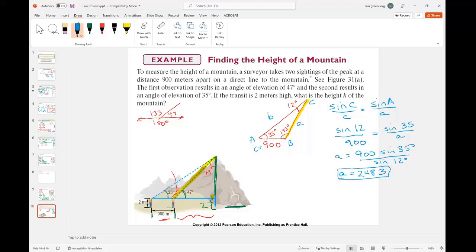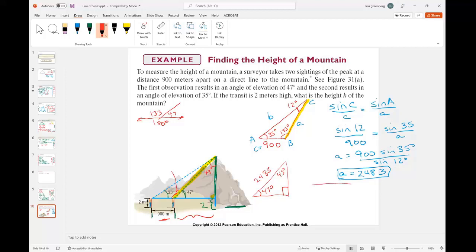Okay, so now I know A is equal to 2483. And if I just pull that triangle out, I literally have a right triangle where this is 2483, this is 47 degrees, this is 43 degrees, and this is a right triangle.